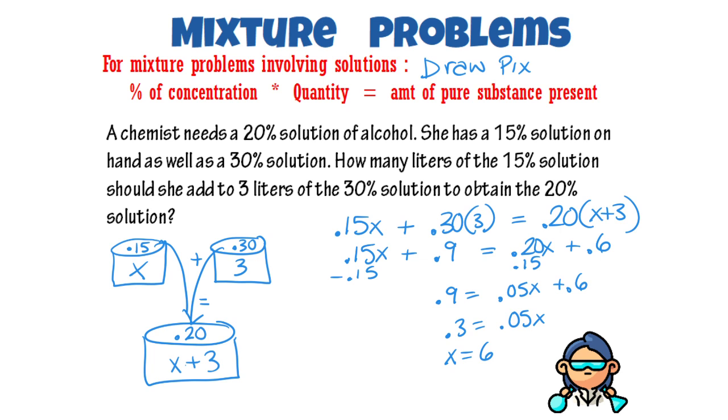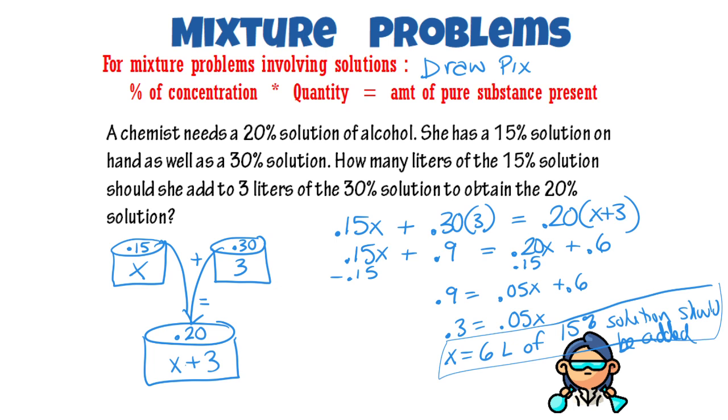Okay, what does 6 represent? Well, remember x was how much of the 15% solution, which is actually exactly what they want to know. So I'm going to finish my answer out here with 6 liters of 15% solution should be added. And that's your answer.